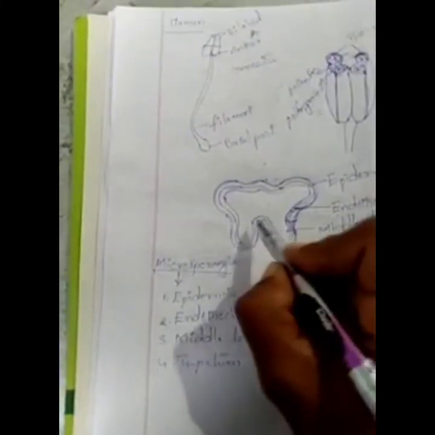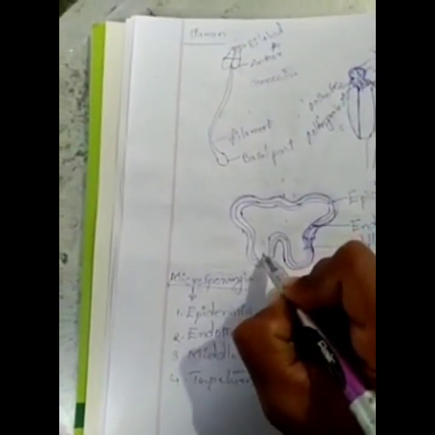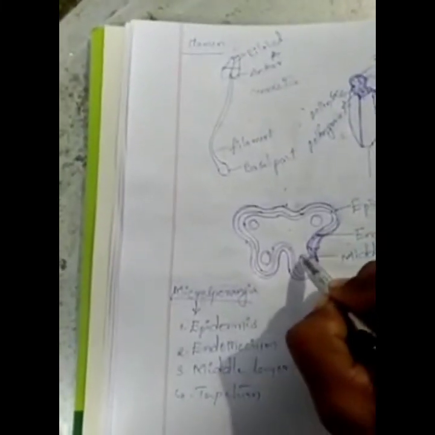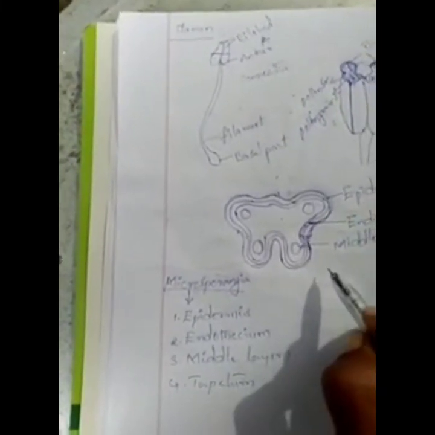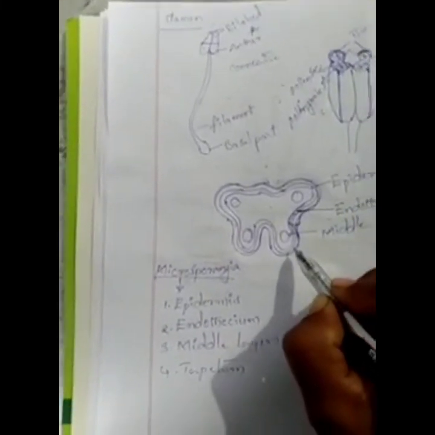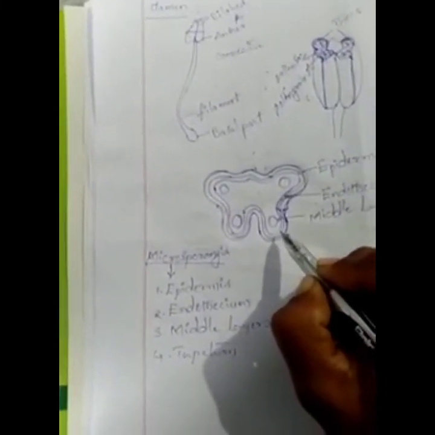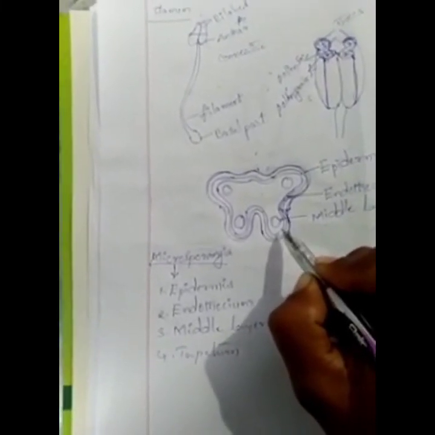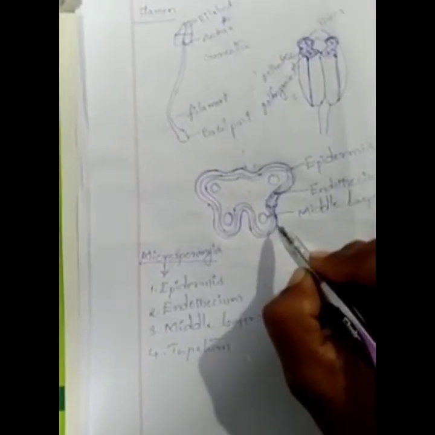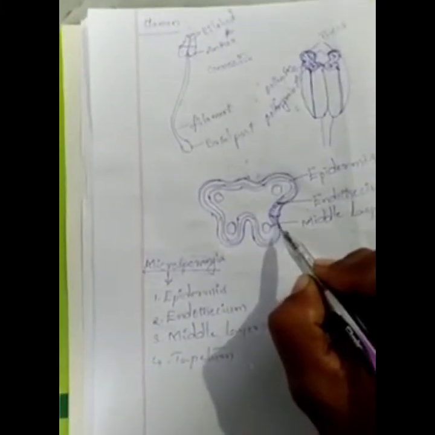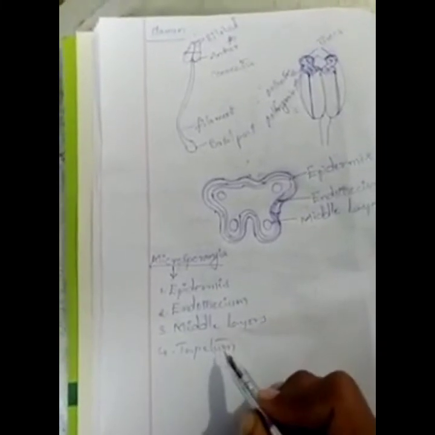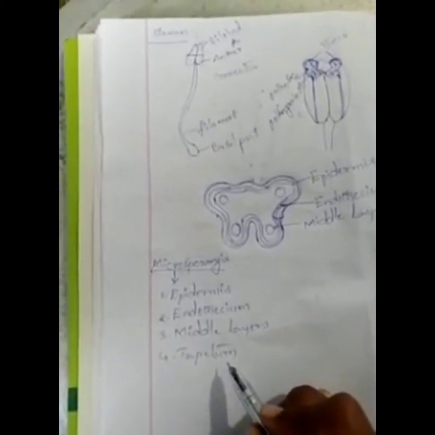And inner to the middle layers is the presence of the tapetal cells, and the tapetum, which provides nourishment that helps for the development of the young pollen grains and the maturation of the pollen grain. The tapetum cells are helping, and the tapetum is multinucleate or binucleate in condition.